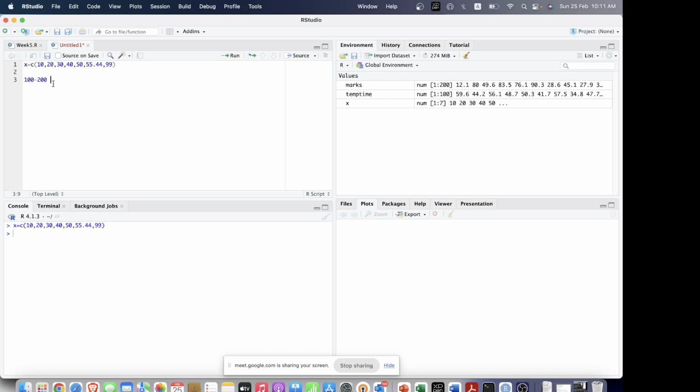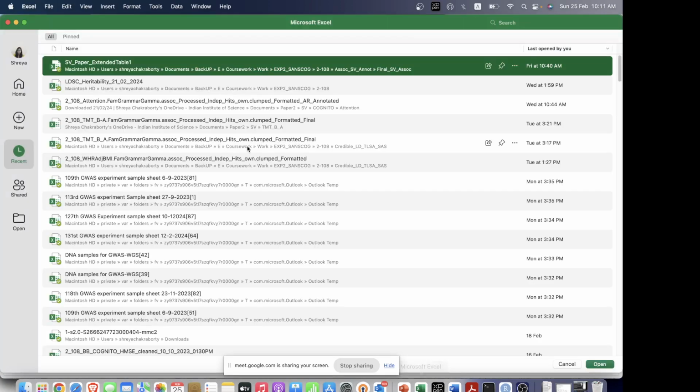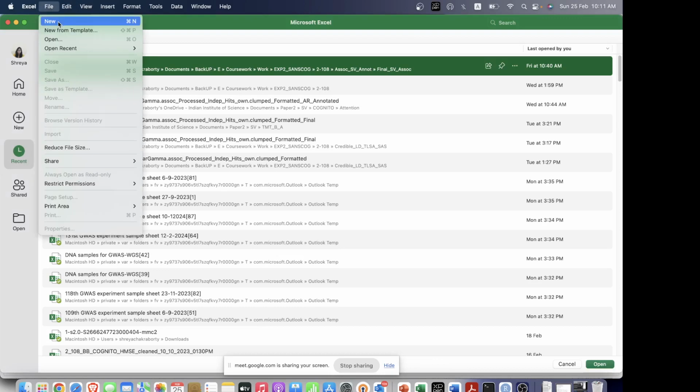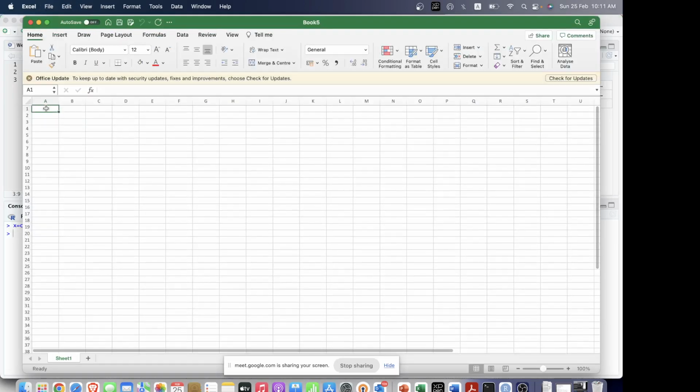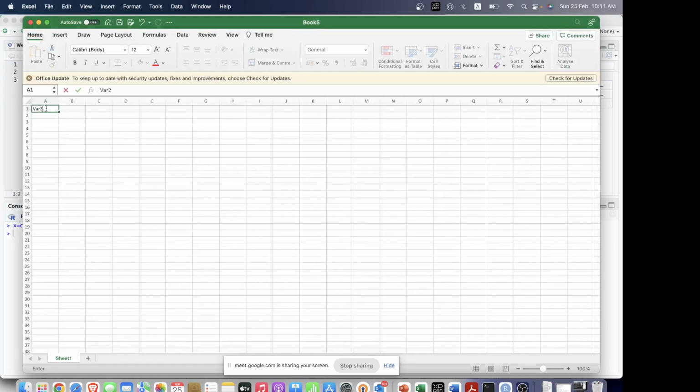So if you have over 50 data points, I would request you to go to your Excel file and give the name of the variable, let's say var1, and enter the data here, because entering using commas, I think rather than doing that, it is better if you enter it in an Excel sheet.